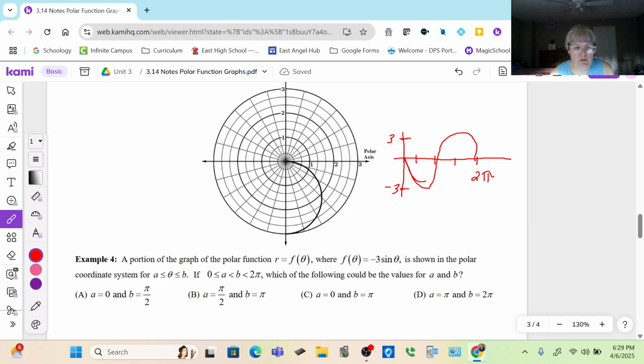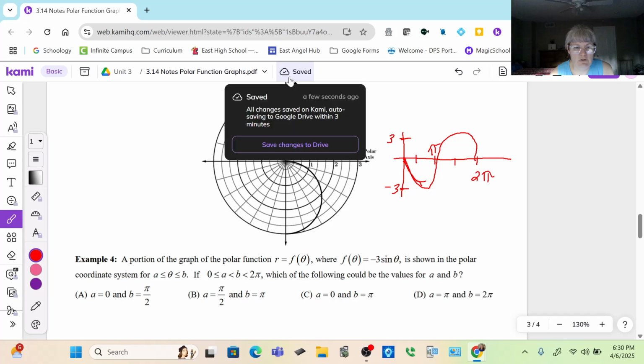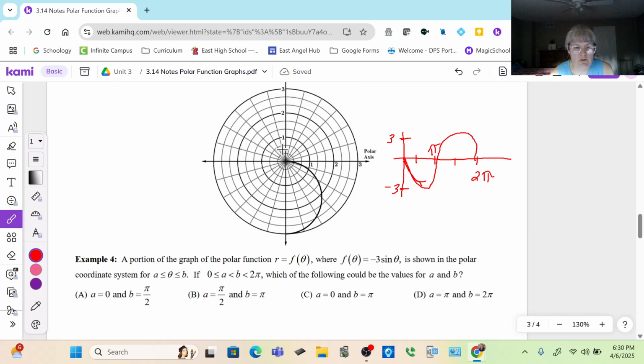So as I look at my graph, and this point right here is pi. So as I look at my graph, I'm going to be going from a negative 3 value, which I can think of as being -3 at pi over 2.